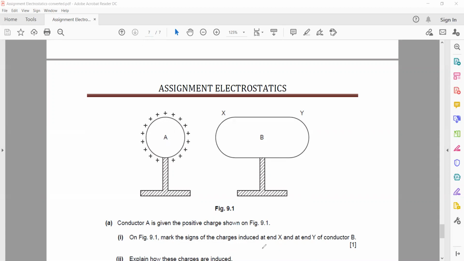Originally this was negative and this one is positive. When you connect an earthing wire, electrons enter. So as these electrons enter, what will be the charge on Y and on X compared to the original charge? That's the next question they ask.